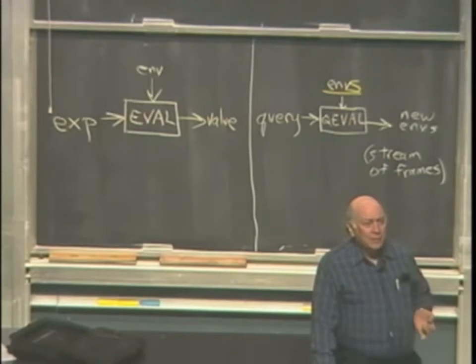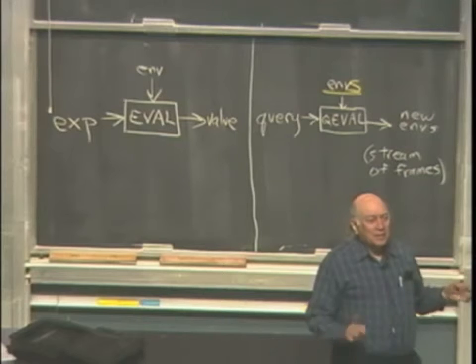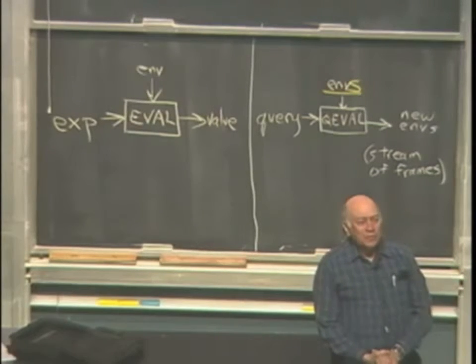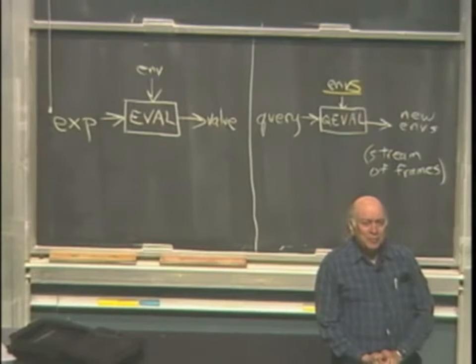When you start out, well, what do you start out with? When you are typing something at the query system prompt, what's the equivalent of the global environment? And there aren't any predefined variables, because unlike scheme, there's no such thing as a primitive procedure, because there's no such thing as a procedure, period.